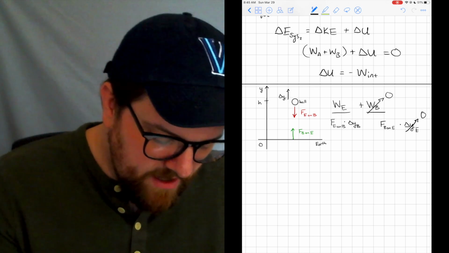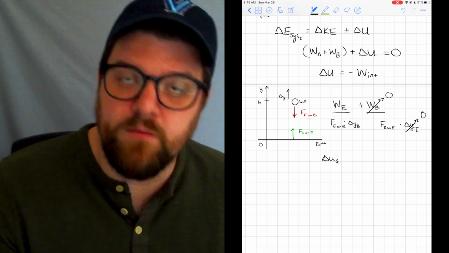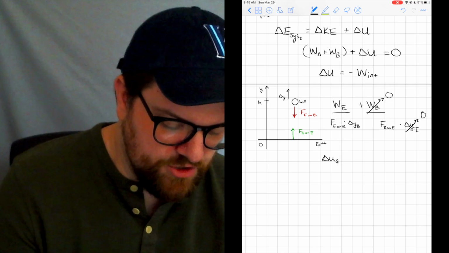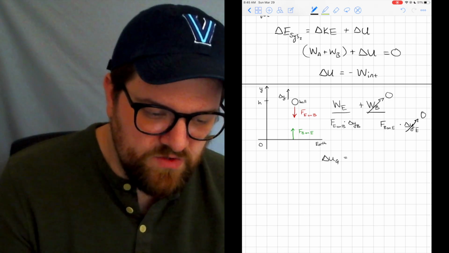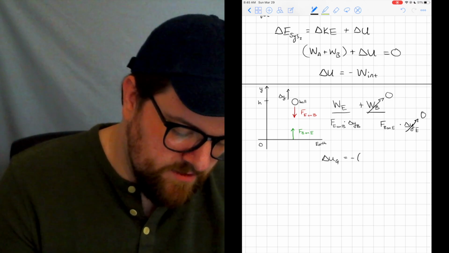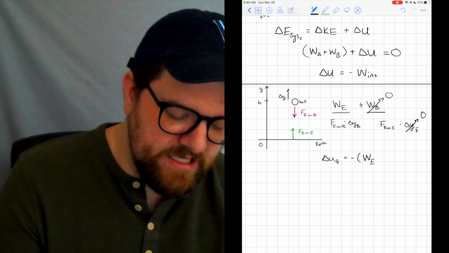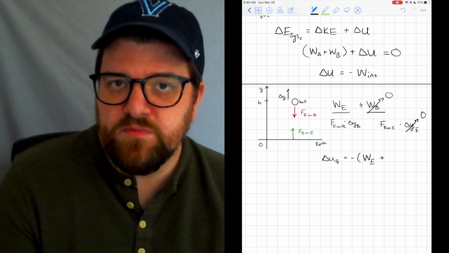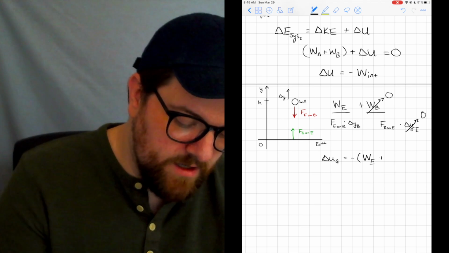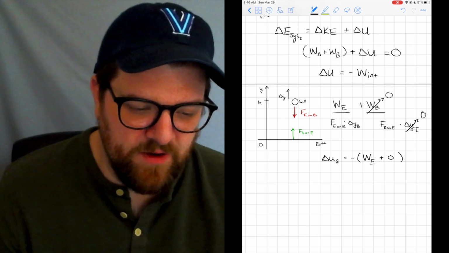So when I think about our definition now of the change in potential energy, and we're going to put a big G here just to show that it is the gravitational potential energy, we're going to say that that's equal to the negative of the interaction works being done, the internal work. So I'm going to say that that's W_E plus, well, W_B was 0, so really it's just W_E.